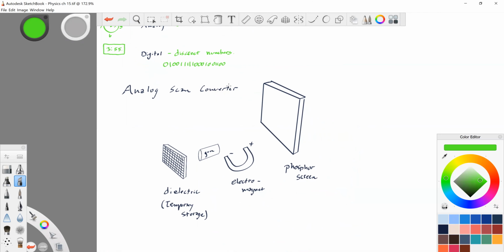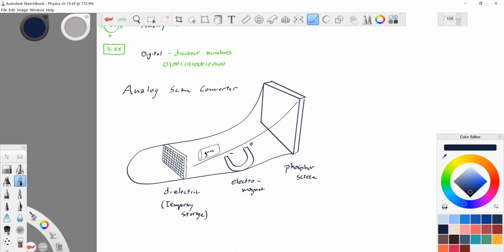Let's draw in this vacuum tube, as it were. I can't do three-dimensionals like that. Anyway, let me get rid of those lines, they're just in the way. So there's a vacuum tube.